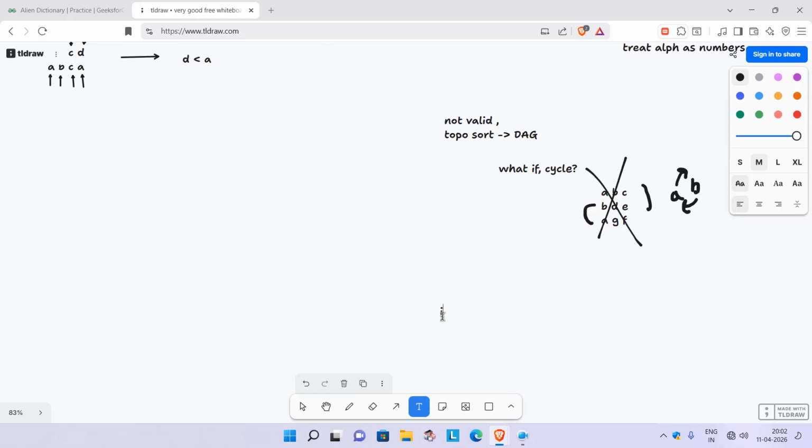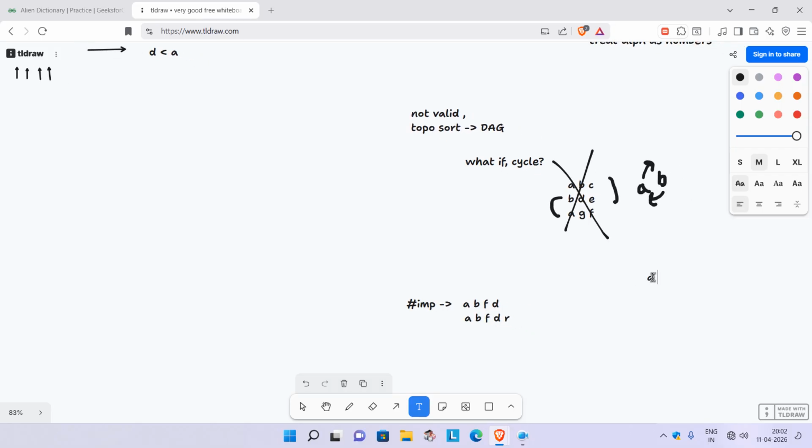This is one of the most important things here. What is it? When we have to compare our strings, let's say this is A, then B, then C, and then G. After it let's say there is another string: A, then B, then F, then D, then R. Sorry, I have to write this out completely here.